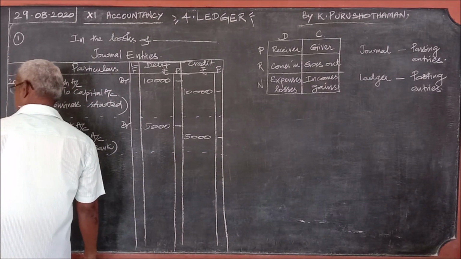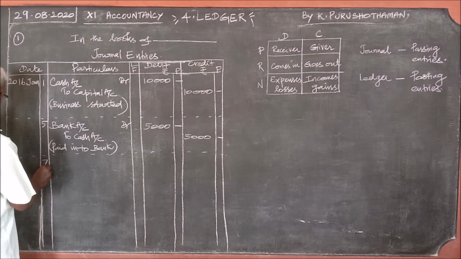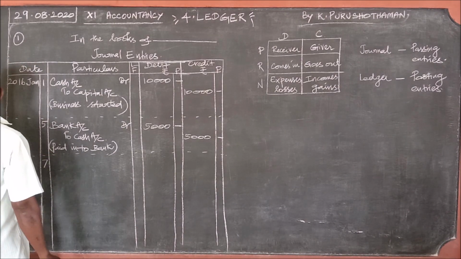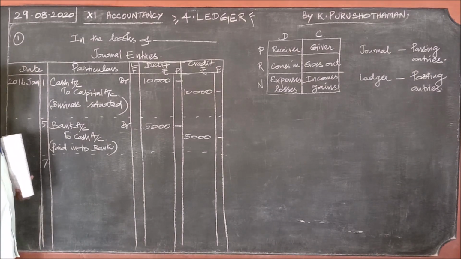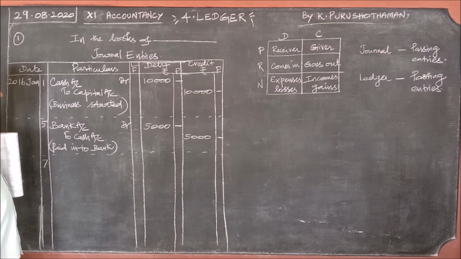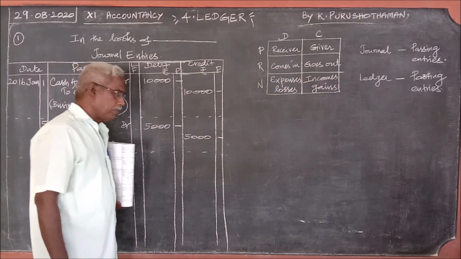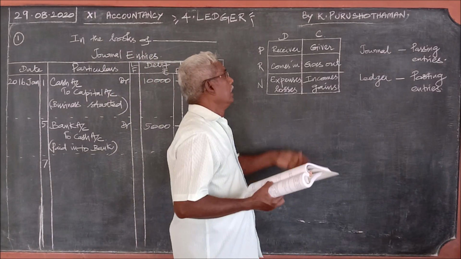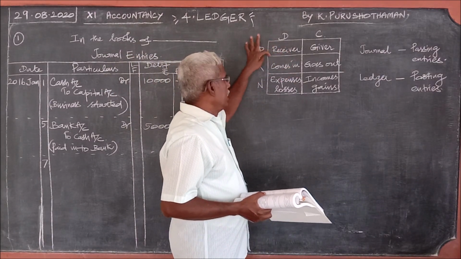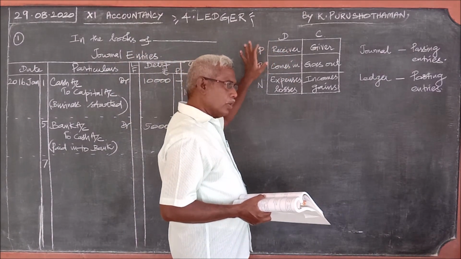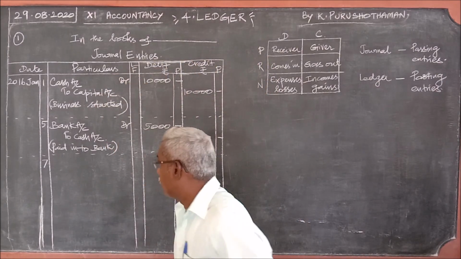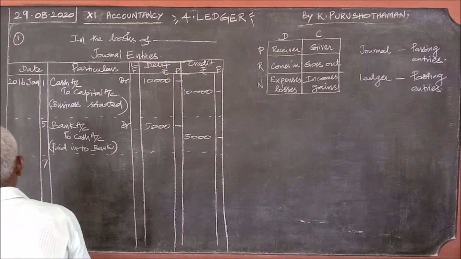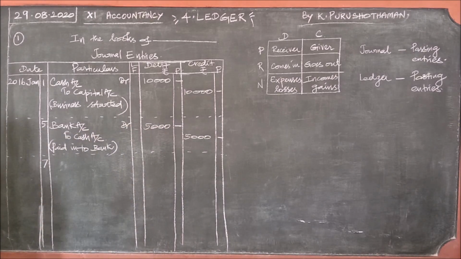After fifth, seventh, purchased goods from Ram for cash. When goods are purchased, any receiver? No. Anything comes in? Goods come in. And since goods come in, we cannot write goods account debtor.